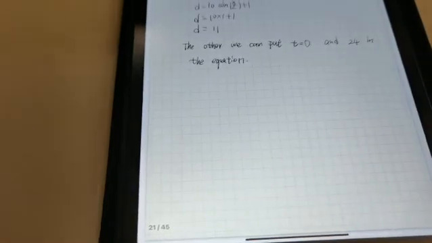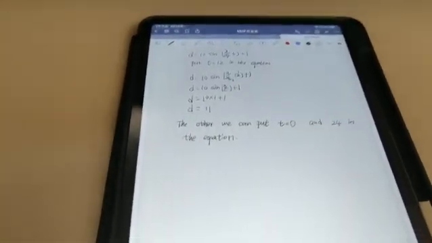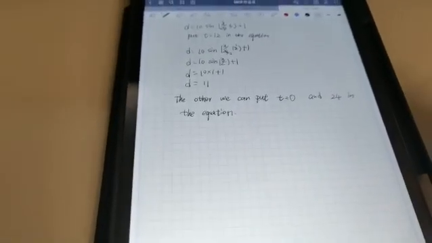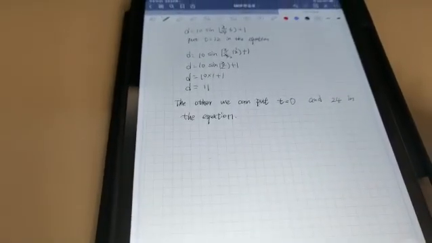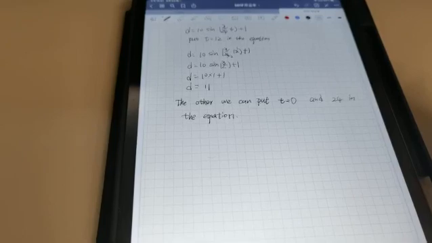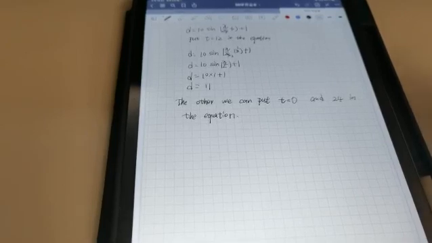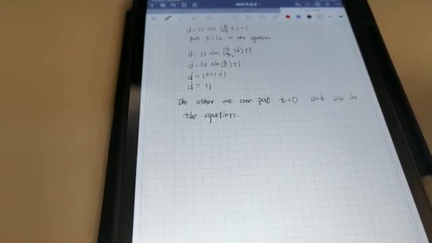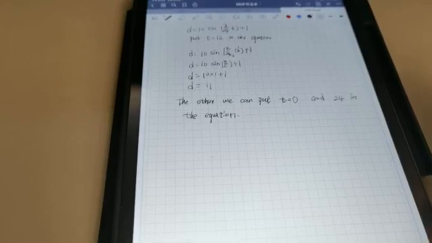And about question C: check the accuracy of your equation by using t equals 12 seconds.